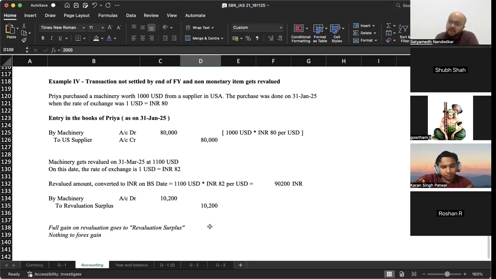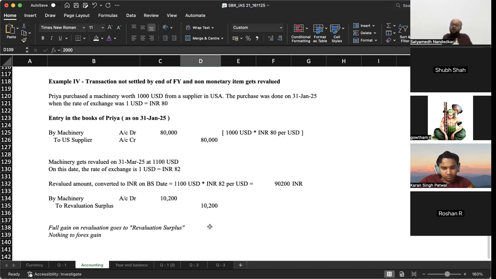What they are saying is it was purchased for 1,000 and the revaluation is at a value of $1,100. But on that date, the rate of exchange is 82, which is 90,200. So in this case, IAS 21 says that this gain, 80,000 to 90,200, the gain of 10,200, that entire gain goes to revaluation surplus.